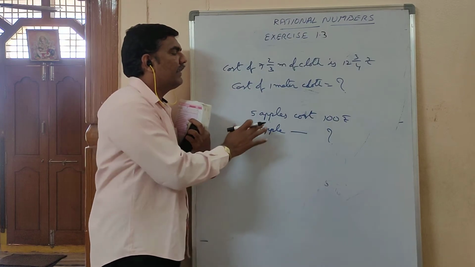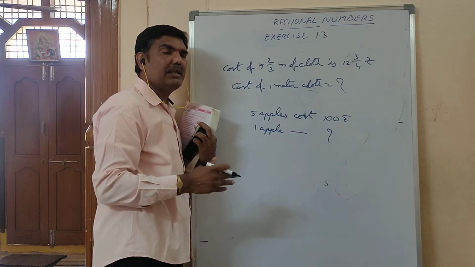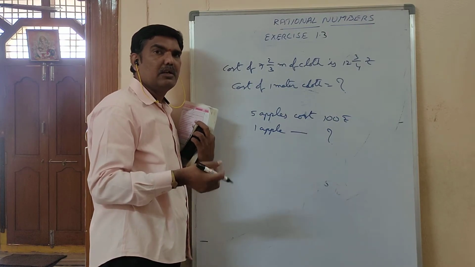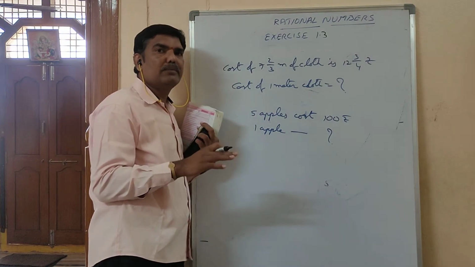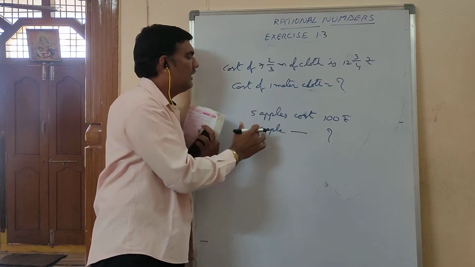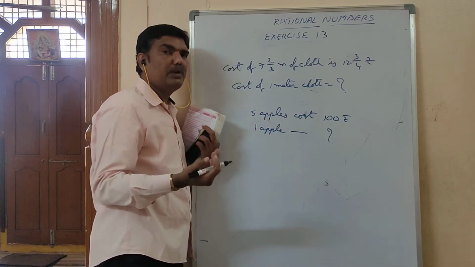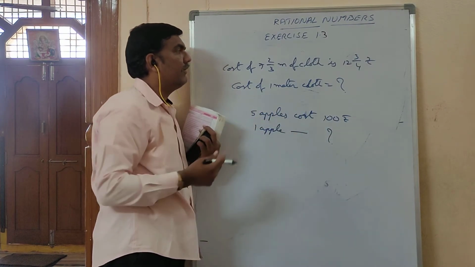Without basics it won't come to you. Directly, no person studies 8th class, but some students won't practice the problems, so they won't get it. 5 apples cost 100 rupees, 1 apple costs how much? What will you do? The unitary method is there, so 100 divided by 5 you will do.